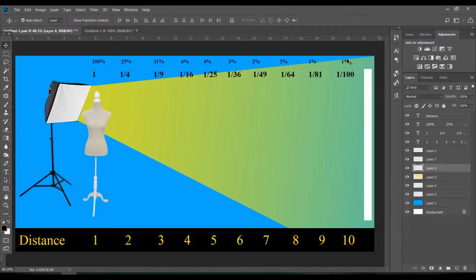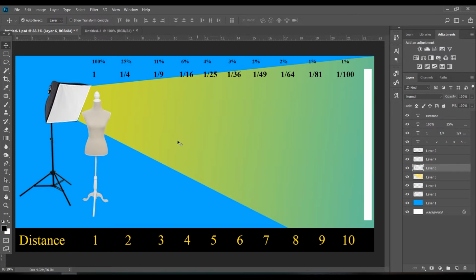So now these two are at the extremes. If you expose now for the mannequin, the backdrop will be severely underexposed. And in that case, even though this backdrop is white, it'll actually look dark gray in your shot.